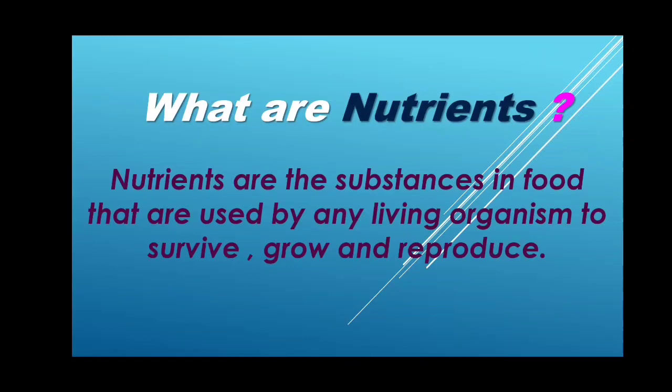So what are nutrients? Nutrients are the substances in food that are used by any living organism to survive, grow, and reproduce. So now it's clear that nutrients are the basic components of food that get utilized by our body to produce energy. Actually, nutrients are the main components that our body needs to carry out its basic functions.